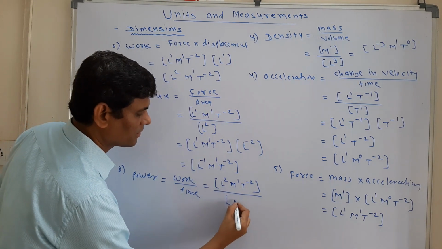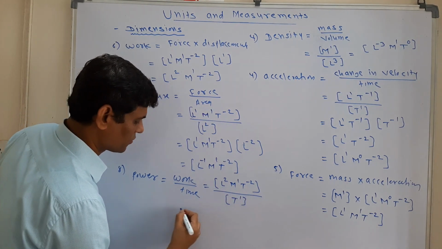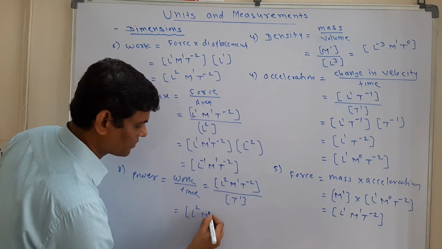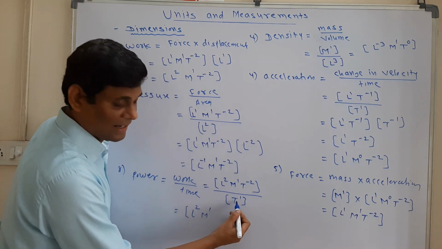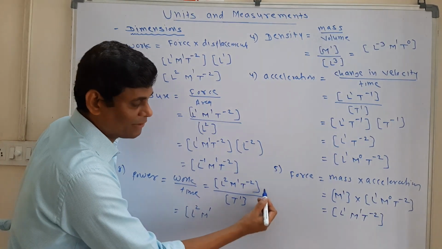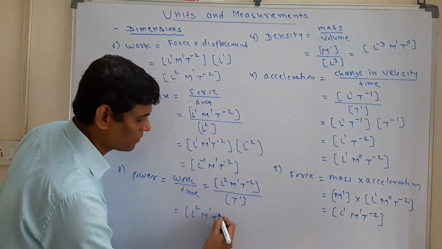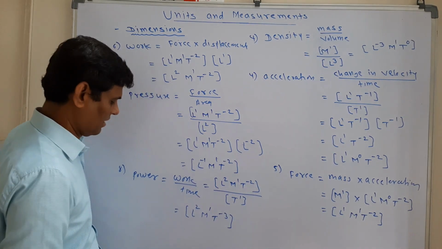Time is T1. So we can write in one bracket L2 as it is, M raised to 1 as it is. T raised to 1 goes up, so T raised to minus 1. That minus 1 and minus 2, how much will it come to? T raised to minus 3.